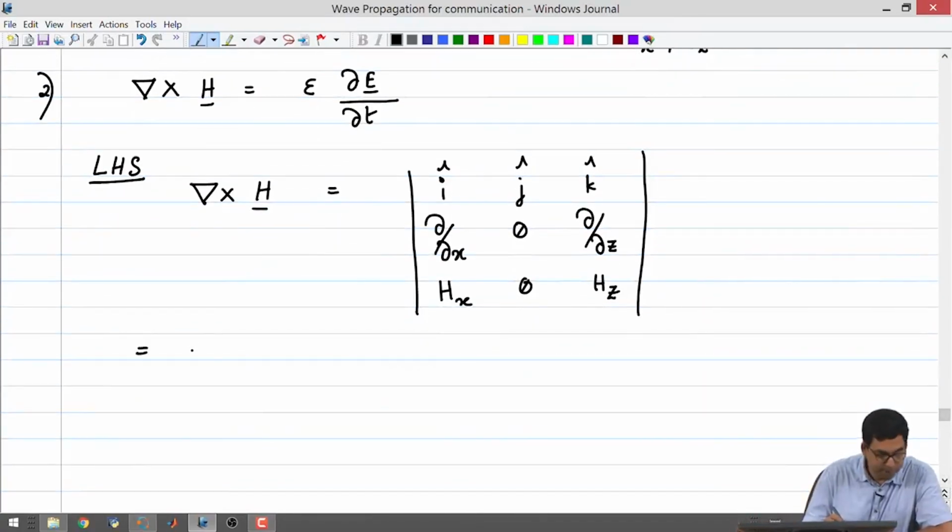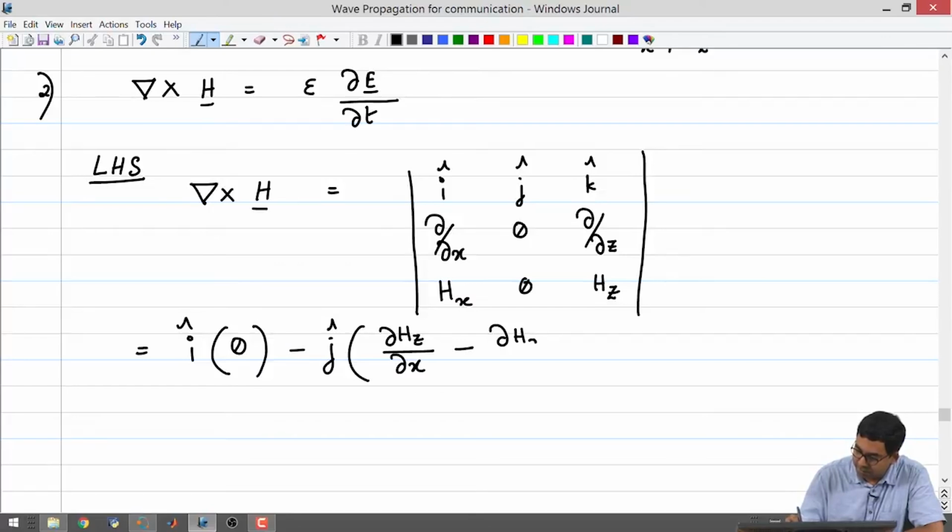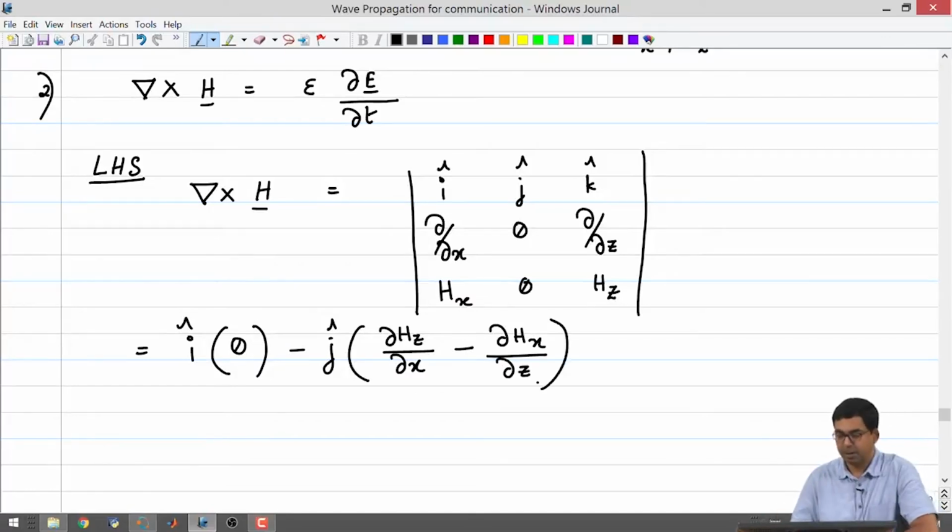Now we expand this determinant. I hat is 0 multiplied with 0, so I have a coefficient of 0 for the i hat. Then I have minus j hat times dou Hz dou x minus dou Hx dou z, plus k hat times 0.